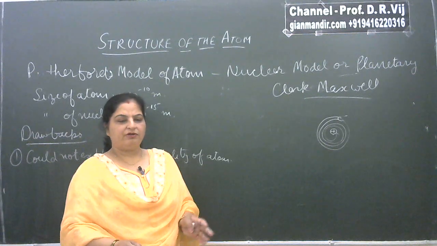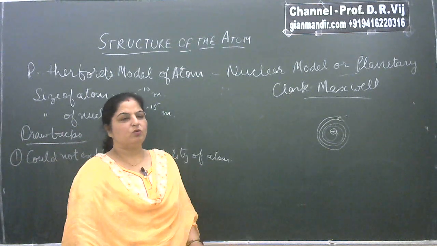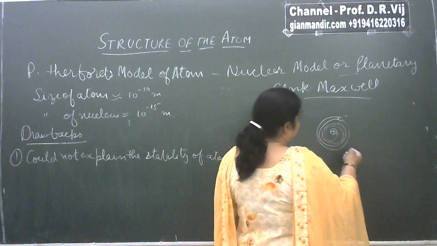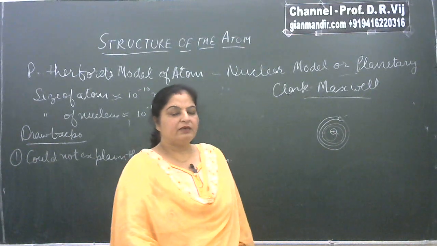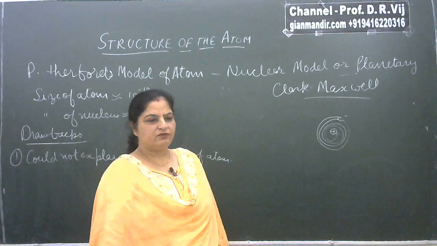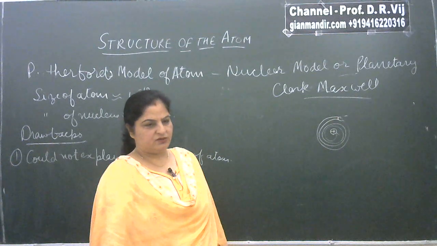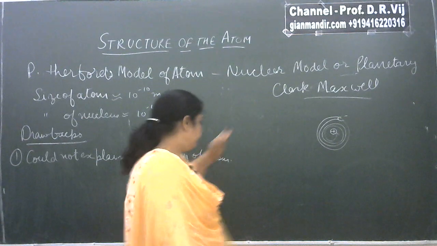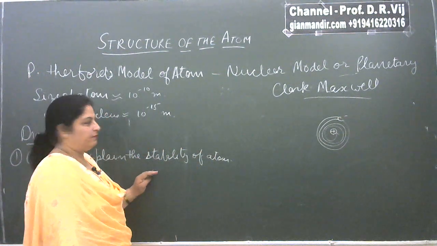As soon as the electron drops inside the nucleus, its existence is no more, right? So according to Maxwell, this process is going to take a fraction of a second. That means an atom would be stable only for a fraction of a second. Now, we know very well that atoms are quite stable. So, in the light of Maxwell's theory, Rutherford's model could not explain the stability of atom.